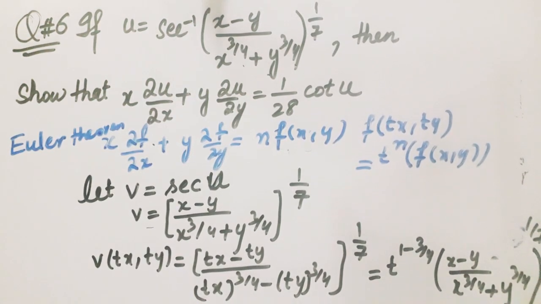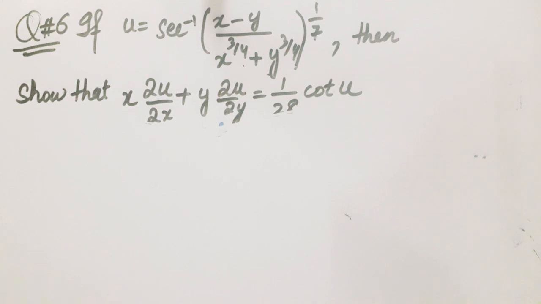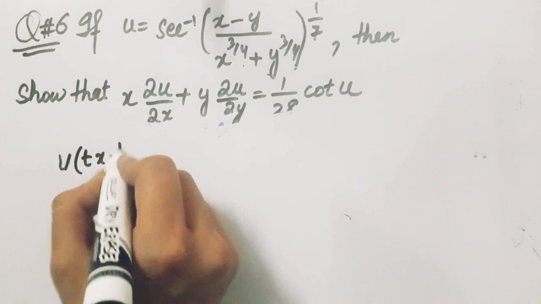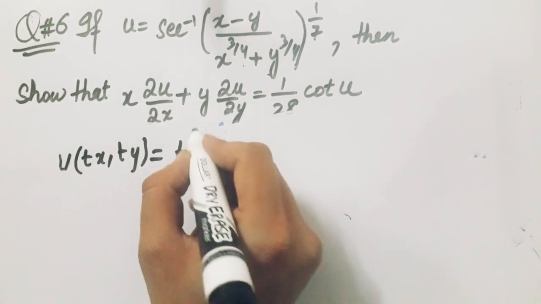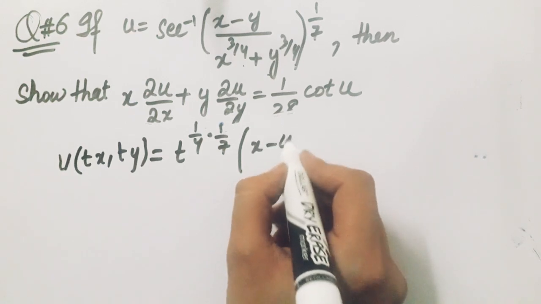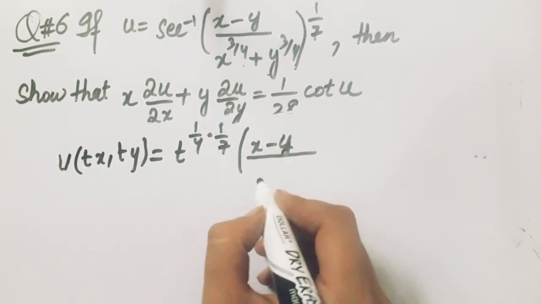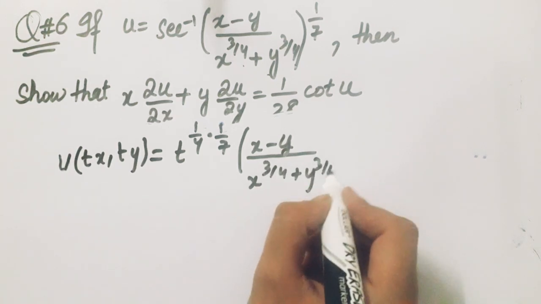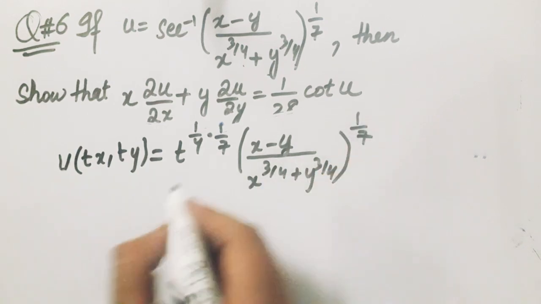So the value of t will be, and the whole power is 1 by 7. So we will get v of tx and ty is equal to t raised to power 1 by 4 and 1 by 7 into (x minus y) by (x raised to power 3 by 4 plus y raised to power 3 by 4) and whole power is 1 by 7.